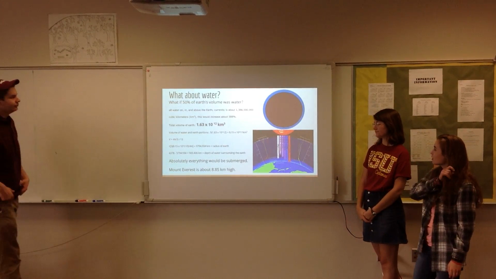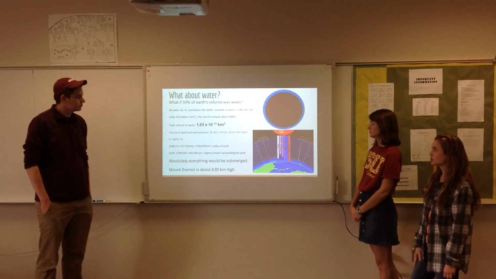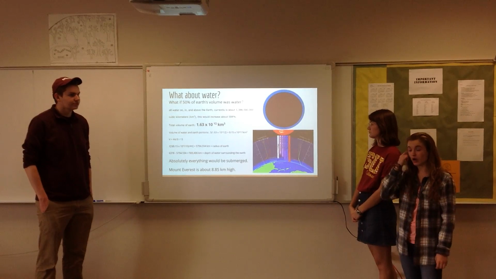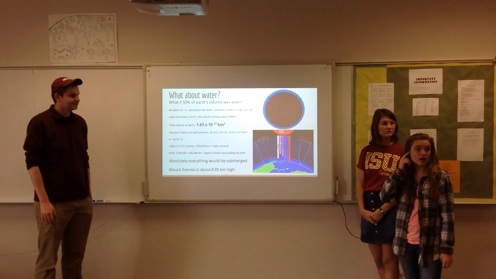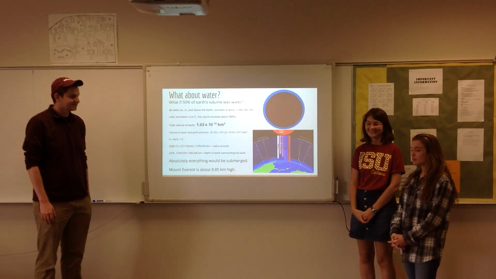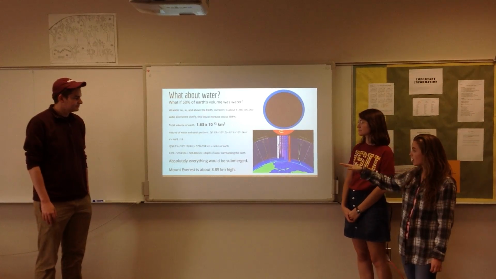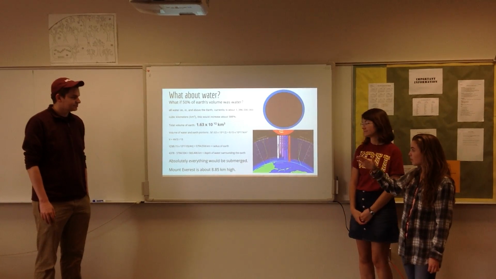And so then we started thinking about water, and we proposed the question, what if 50% of the Earth's volume was water? How we calculated that was we took the volume that we found in Ashlyn's previous slides, and I multiplied that by half.